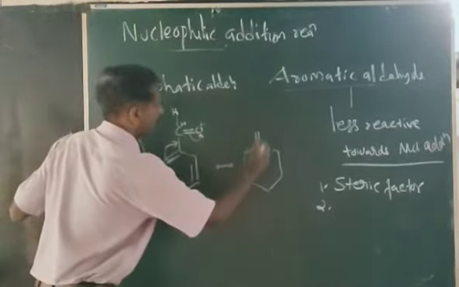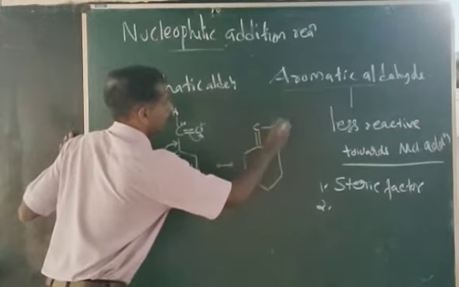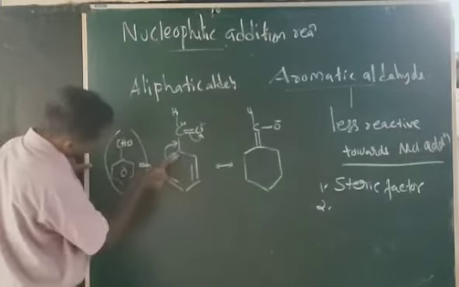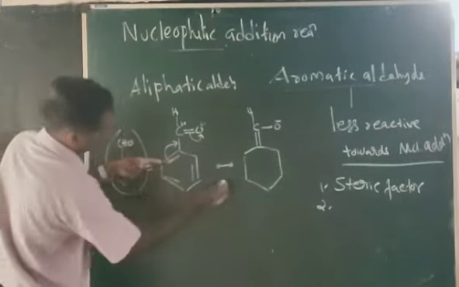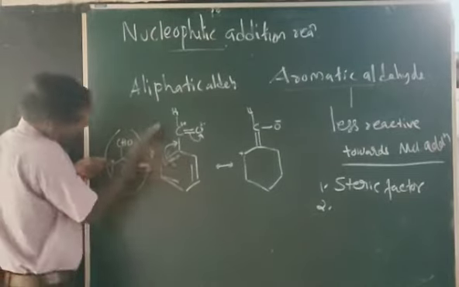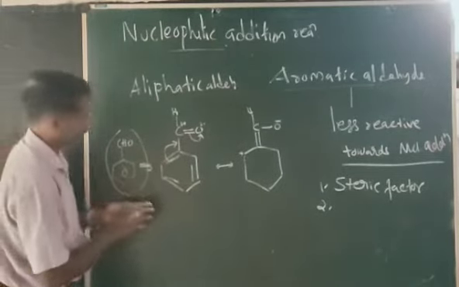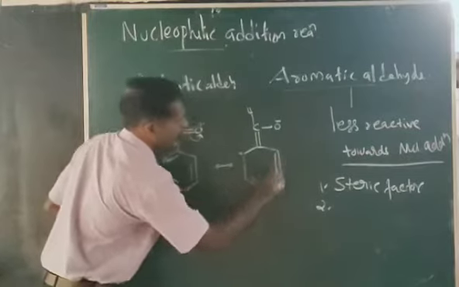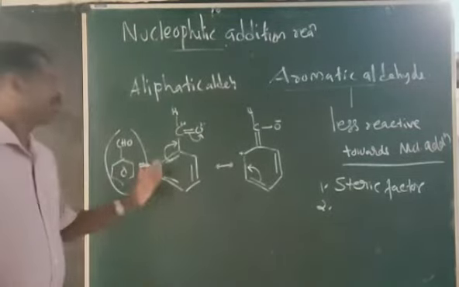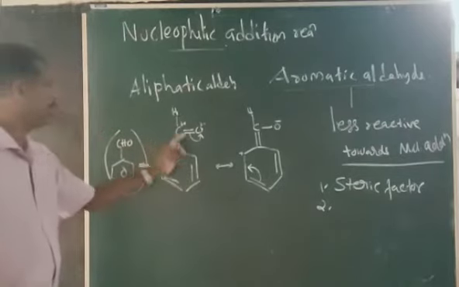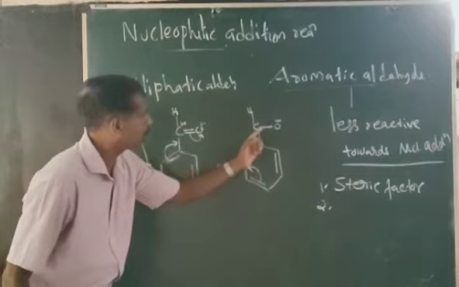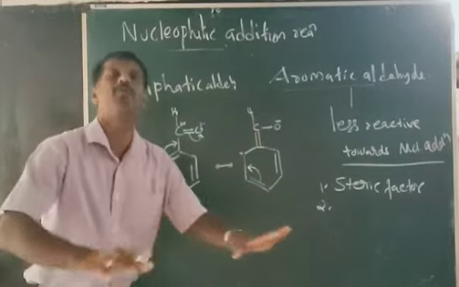Now here it will become double bond, C-O minus. Here it is our H, and here it is a double bond. Since the bond is breaking from this carbon, it is getting a positive charge, correct? And in the next stage it will come here, and it will continue like that. That means by resonance we can see that the positive charge on the carbon atom is reduced.